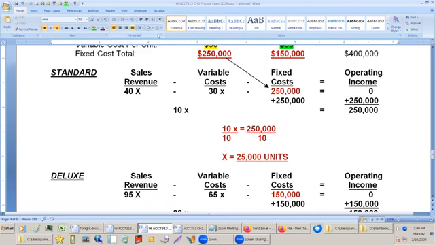Hey, we're all friends. Okay, so it would be 25,000 units, and for dollar sales, we would multiply that by $40. 25,000 times 40. $1 million.